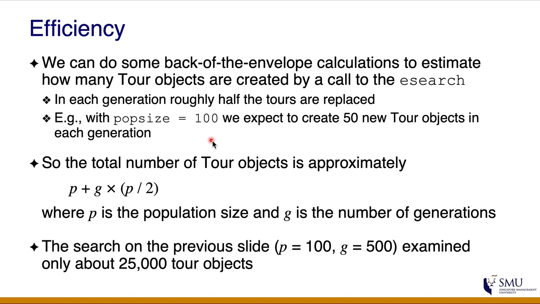So if the population size is P, for example, if the population size is 100, based on the probability table over there, right? If you calculate the expected number of survivors, it will be roughly one half of the population, right? Because of the way that the population elimination works, right?